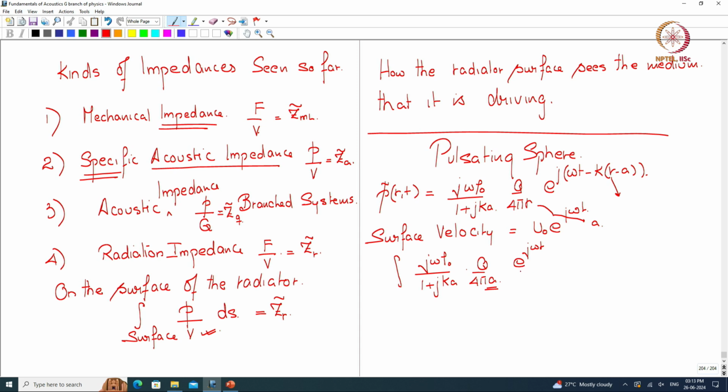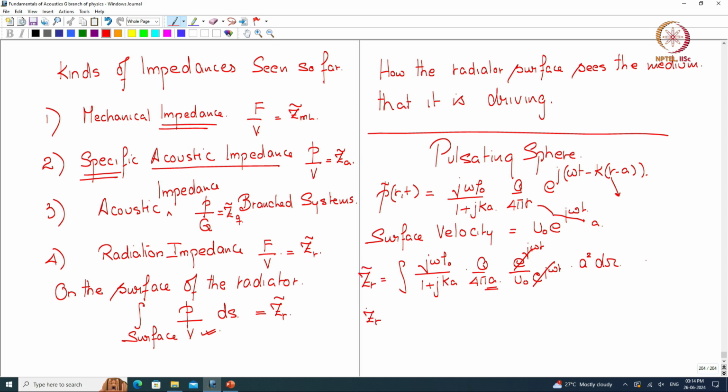Then divided by u0 e to the power j omega t, and a square into the differential solid angle. Everything is constant, the solid angle is 4 pi, so if the integral is done I get a 4 pi. So I have this integral a square d omega, and this is Zr.